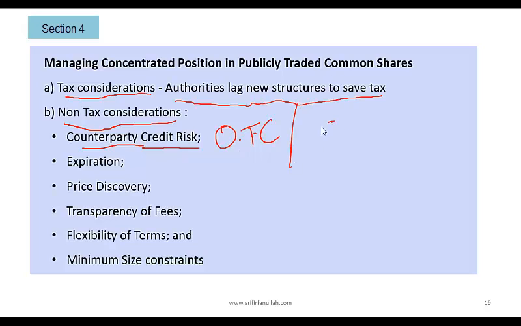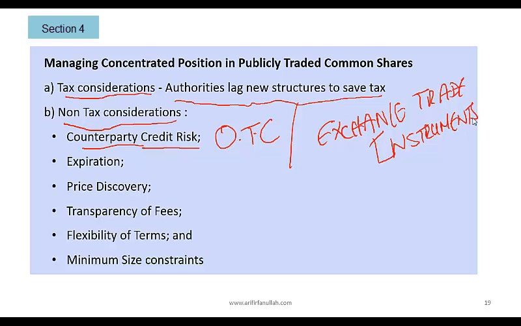In the event that you're talking about exchange traded instruments, that means there is a market. What is the credit risk possibility here? It's lower. Why do we say that? The fundamental point is there is a clearing house involved, because it's a market.